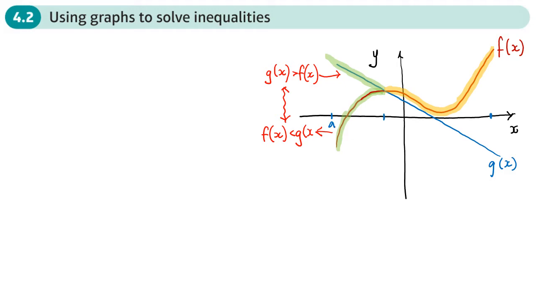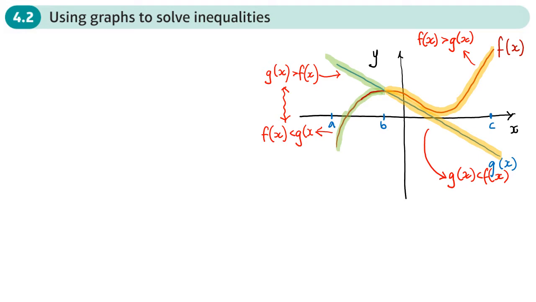At the top, this is when f of x is greater than g of x. And just like before, at the bottom it's the same thing written the other way around: this bit down here represents when g of x is less than f of x.